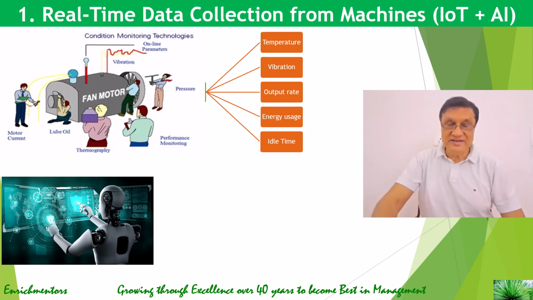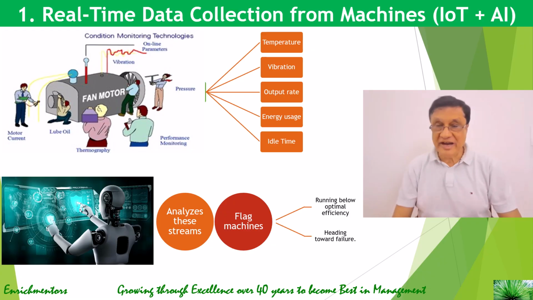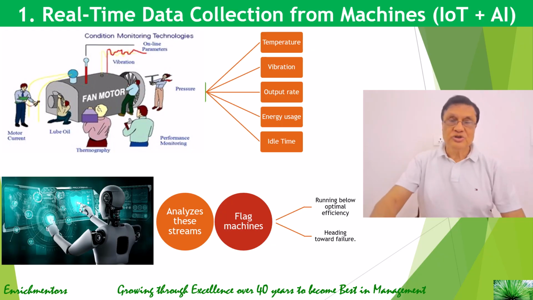Then the AI analyzes these streams to flag machines running below optimal efficiency or heading towards failure. An example would be if AI detects that a press machine slows down slightly every 4 hours, that could be a sign of overheating, and hence there could be a possible issue later on.